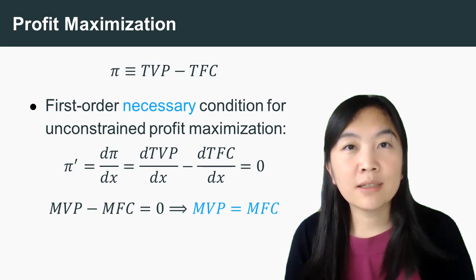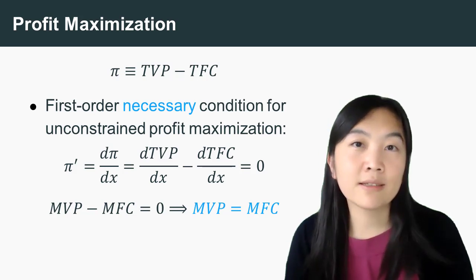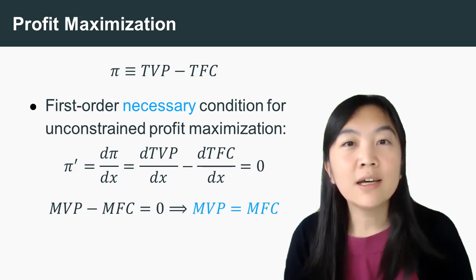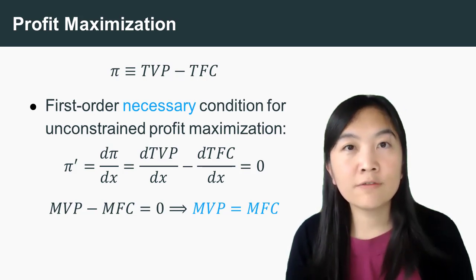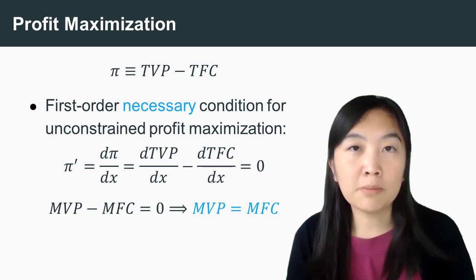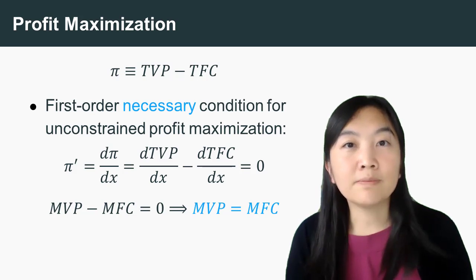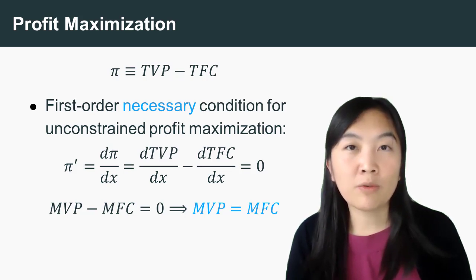The reason we call it a necessary condition, not a necessary and sufficient condition, is that with just this condition itself, we cannot be sure whether we are getting a maximum or minimum profit. We actually need more conditions to be sure that we find the input level that will maximize profit.